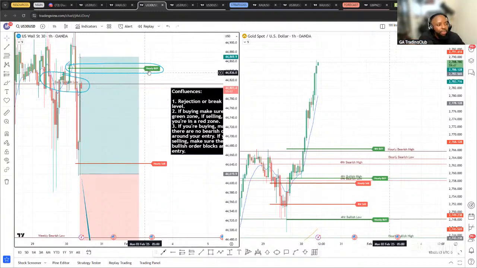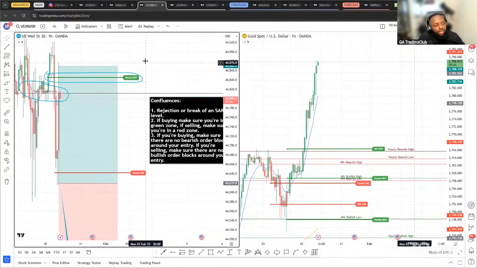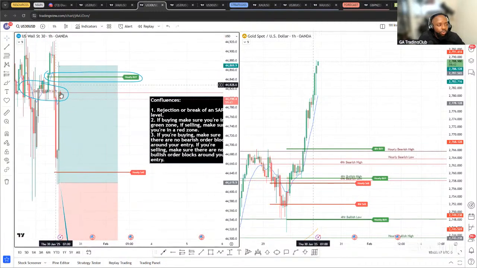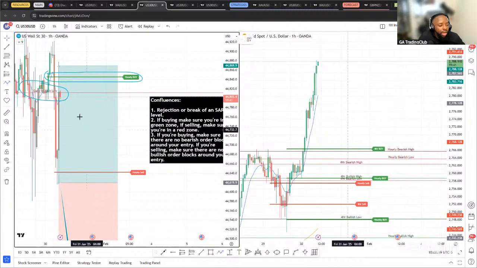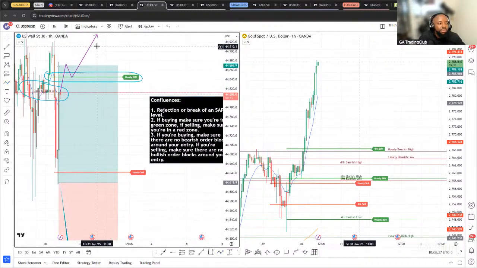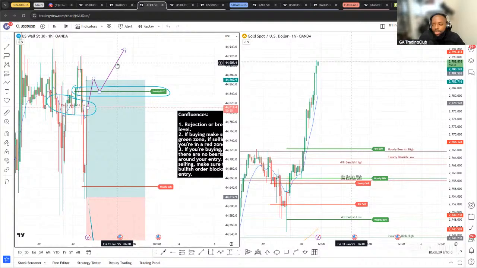So right here, if they're going to keep pushing price up in this instance, guess what they would do? They would close above this hourly buy, maybe have a rejection or not, and then keep pushing to the upside. So think of these areas as target areas where price would retest before making a move. So either reject or break and continue.